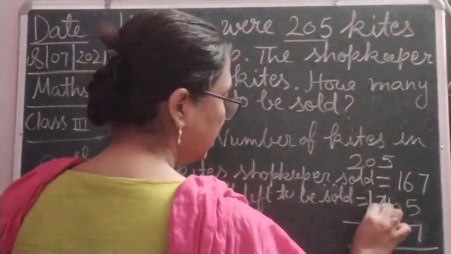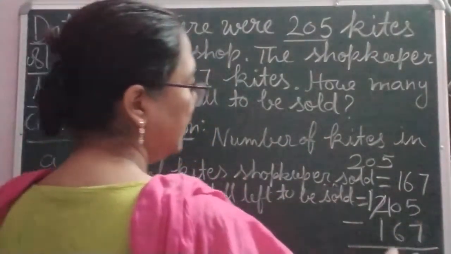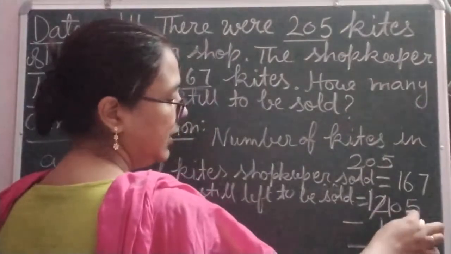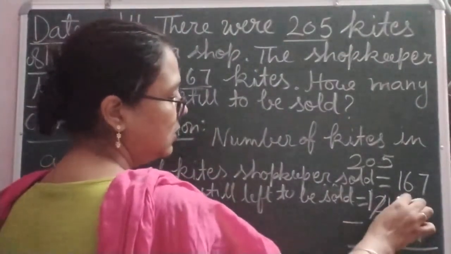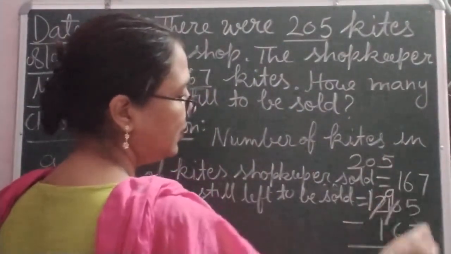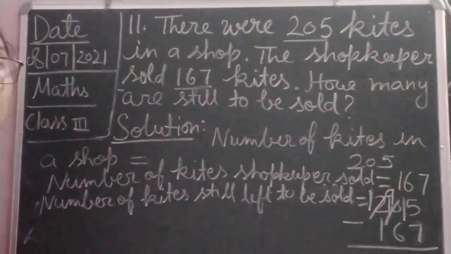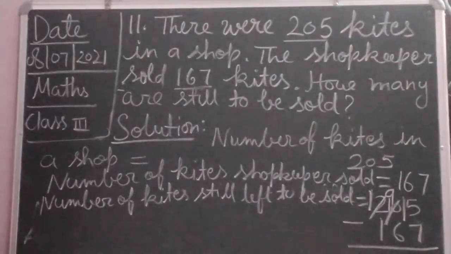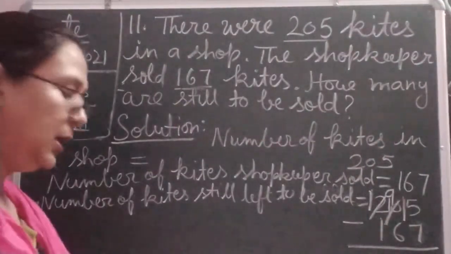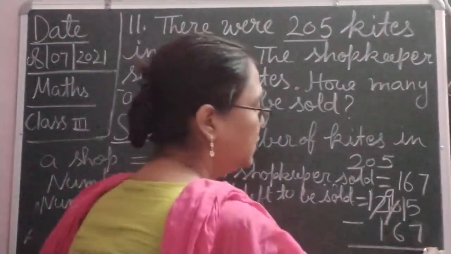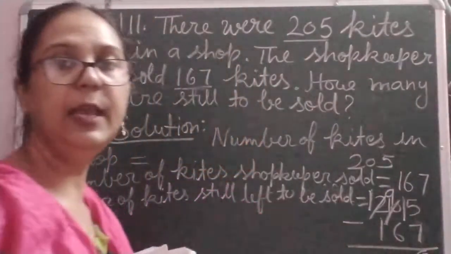Now here 1 is left. So 10 tens will give 1 ten to this 5 ones. So now here 9 is left. Now it will become 15. 15 minus 7, what will we get, children? 15 minus 7 is 8. Yes, 8. Now 8 we will get.